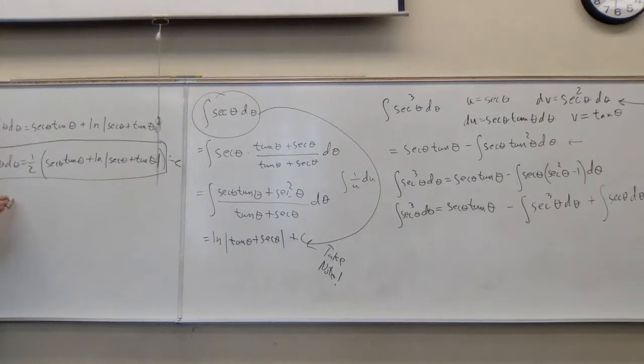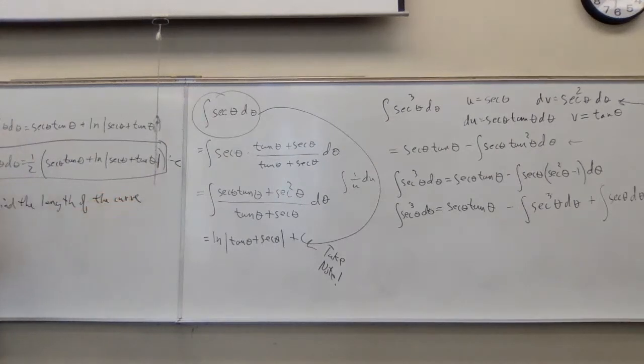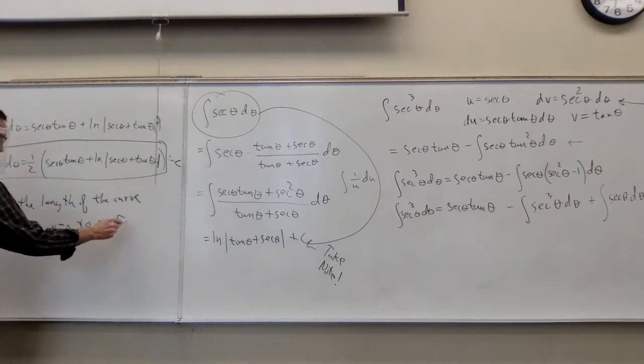Find the length of the curve f of x equals x squared from x equals 0 to x equals 5.